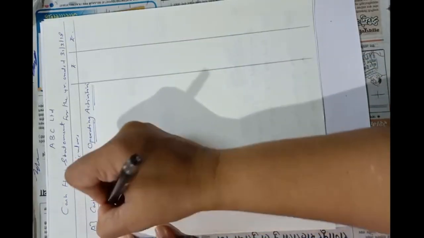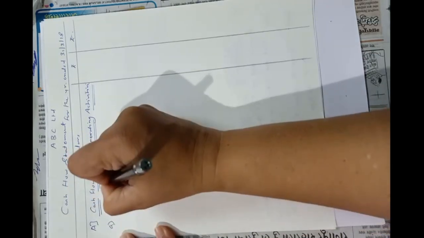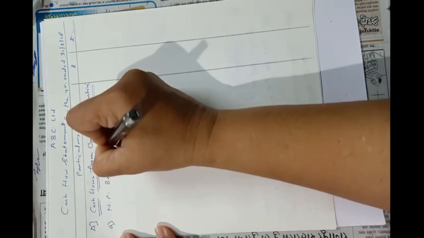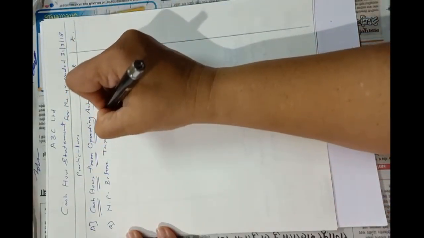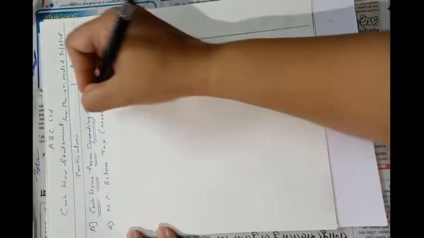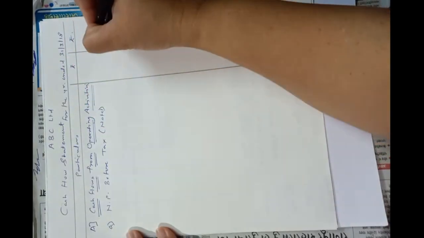Now sub point A will be net profit before tax. We have calculated as per our note number 1. So we have calculated the amount, that is 36,000 rupees.